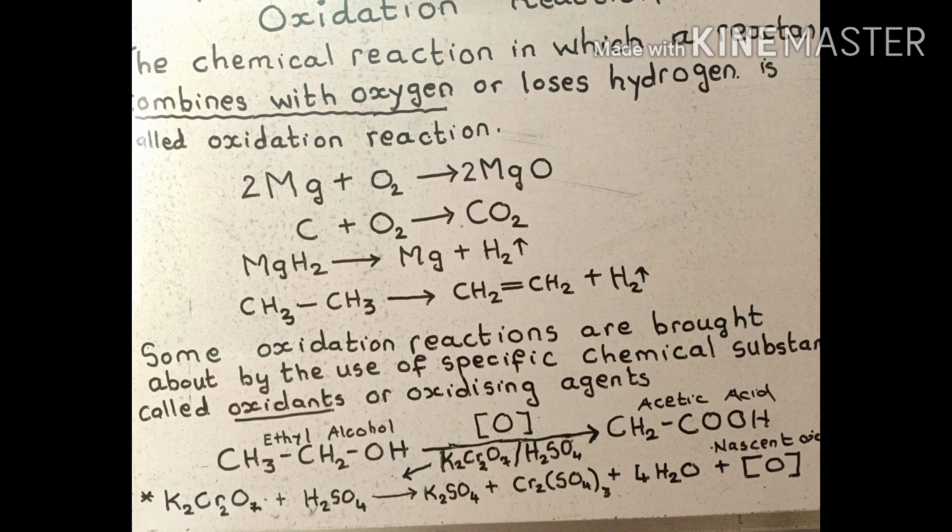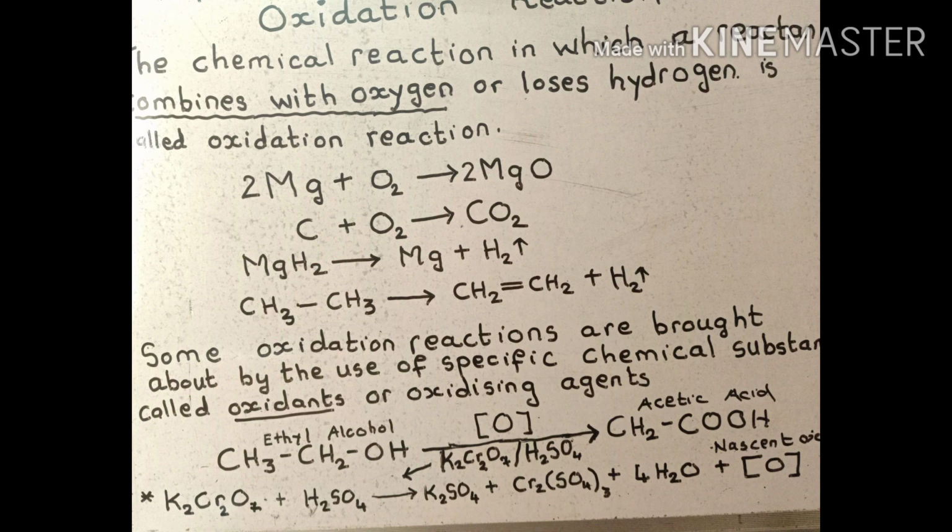So there are many such reactions where you can see the oxidants oxidizing reactants. So the oxidation reaction is well understood right now. I told you what nascent oxygen is as well. Nascent oxygen is a state of oxygen just before the formation of the oxygen molecule, and nascent oxygen is very reactive.